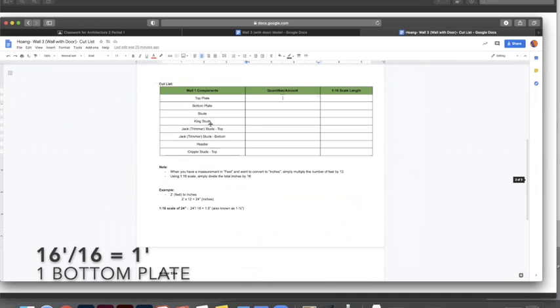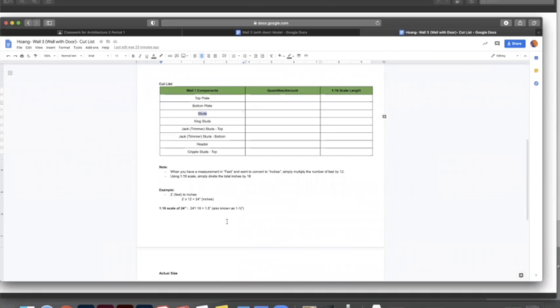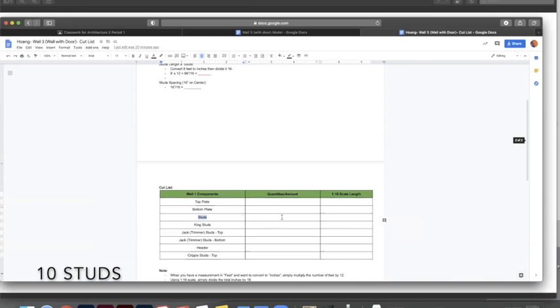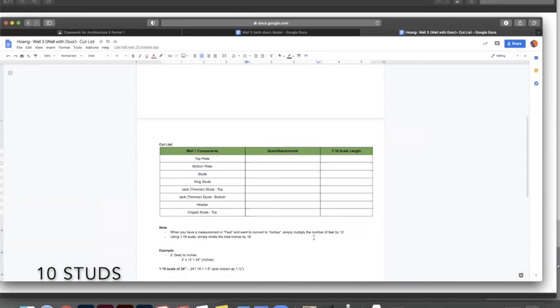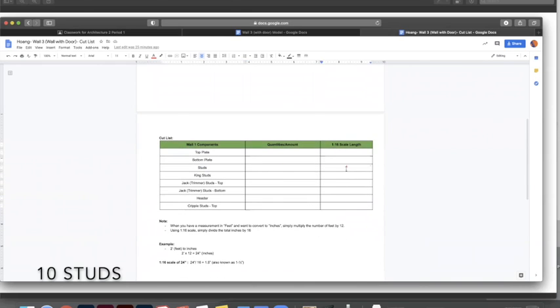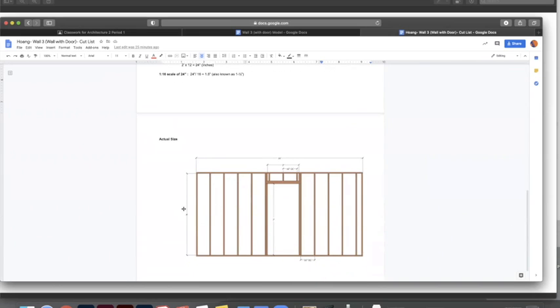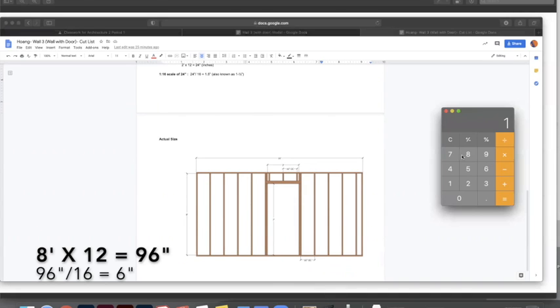The next one on the list is called the stud. So let's go ahead and count the studs. We need 1, 2, 3, 4, 5, 6, 7, 8, 9, 10. So quantity is 10. And then we've got to figure out what is the 1/16 scale length. We know that the studs are 8 feet tall, so let's do the math for that real quick.